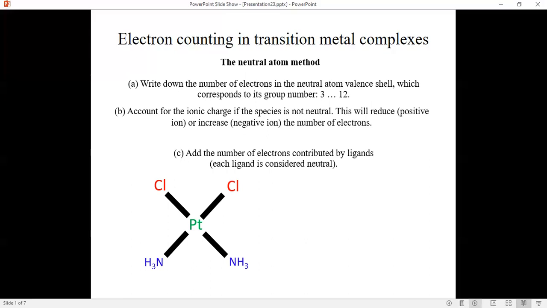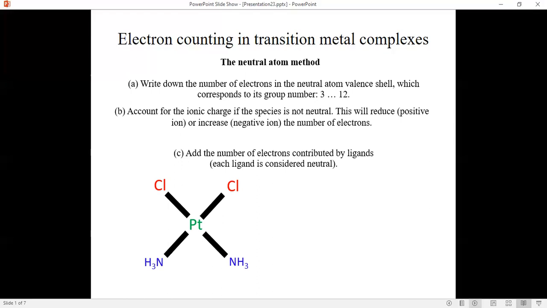That gives us 10 electrons. The next step, we need to add or subtract electrons according to the charge of the complex. In this case, our complex doesn't have any charge, and for that reason, we do not need to add or subtract any electrons.